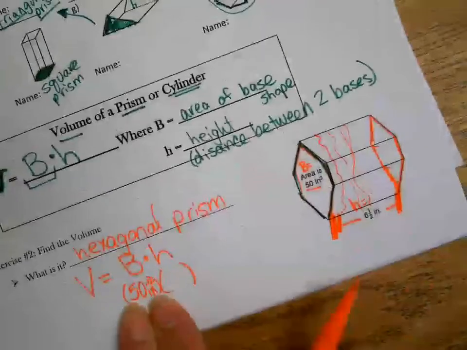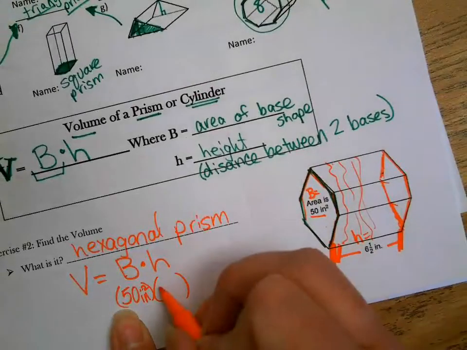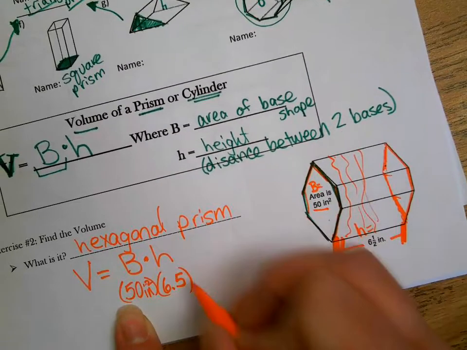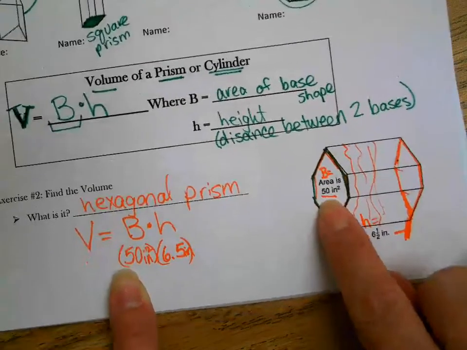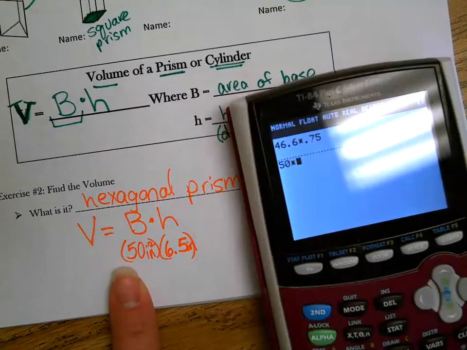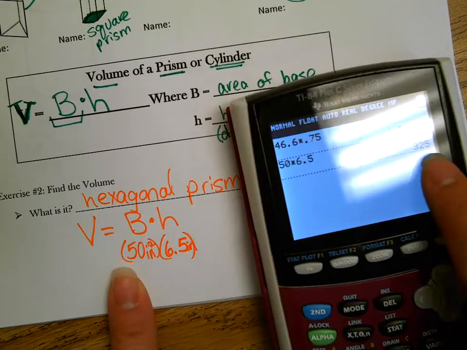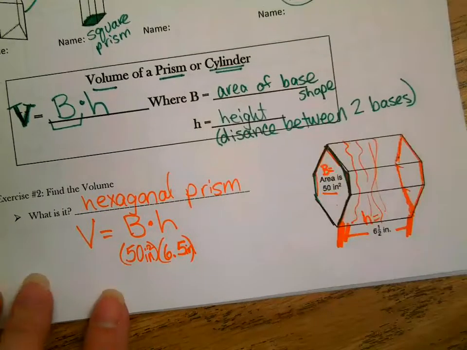All right. So with that said, volume equals area of the base times how high you're standing that base, which would be 6.5 inches. So the base is 50 inches squared, the height is 6.5 inches. So we're going to take 50 times 6.5. It's going to be 325 inches cubed.